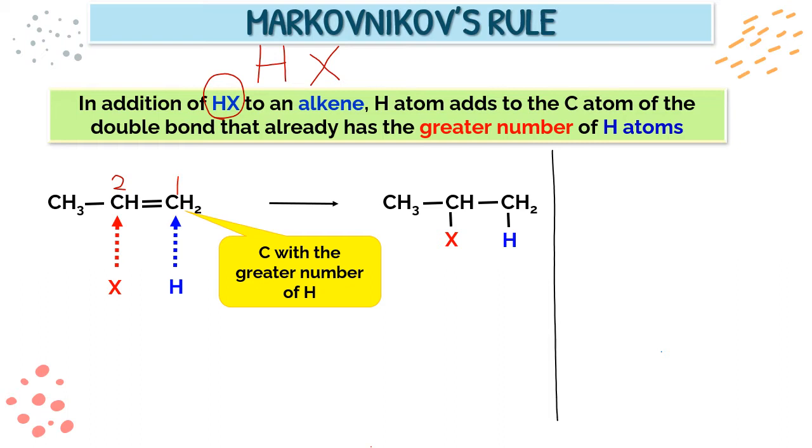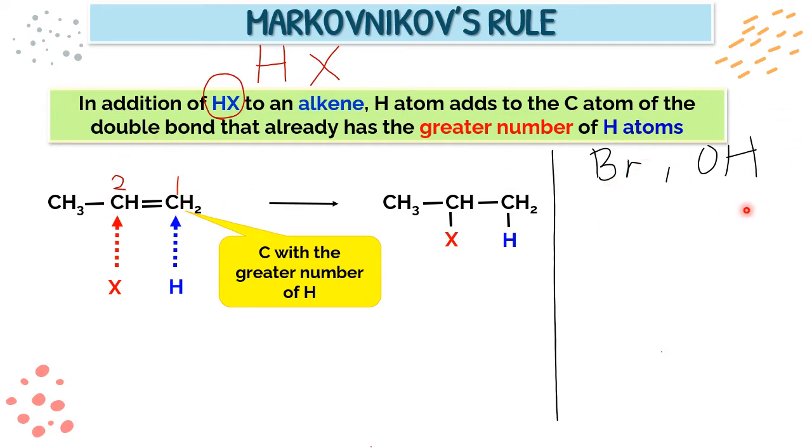But from the one that we did just now, the one that we are adding is bromine in water. So we are trying to add bromine and also OH. We don't have hydrogen over here. So if we don't have hydrogen, how are we going to know which atom is going to be at the first carbon, and which one is going to be at the other?